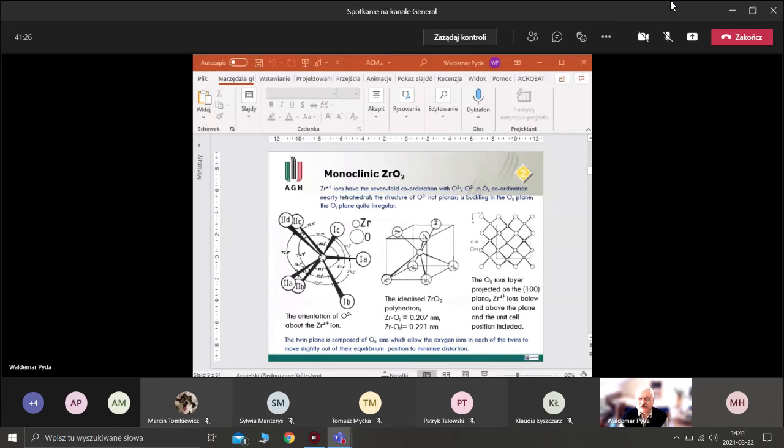One tetragonal grain transforms to one monoclinic grain with no additional, let me say, changes in the structure.